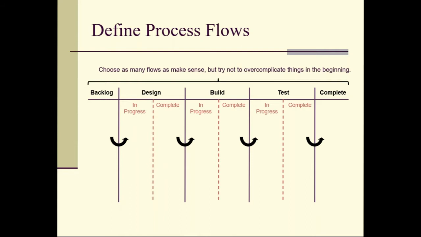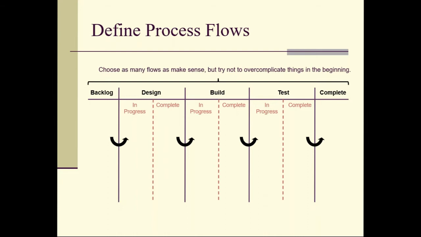The testers see something there, they grab it, they put it into the test in progress column, and when the testing is done and everything's working and complete, it goes into the complete column, which is essentially our done column. So the first one, the backlog, is like the not started column, and test complete is like the done column.